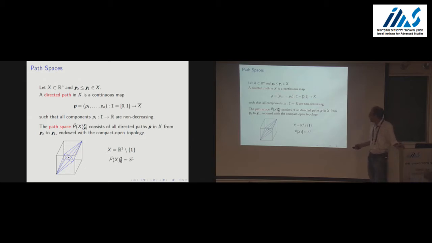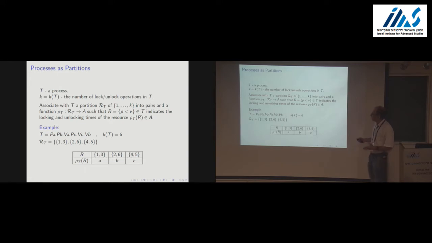Okay. Now we will want to associate a path space with a PV program, and we will do this as follows. The formal way is also quite simple. Suppose that we have a process, opening and closing various resources. If we take k to be the total number of operations, we can think of it as a partition of 1 to k into pairs, where in each pair the first integer indicates the opening time and the second integer indicates the closing time.